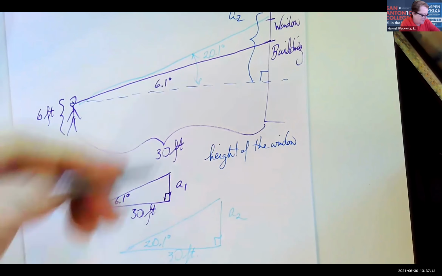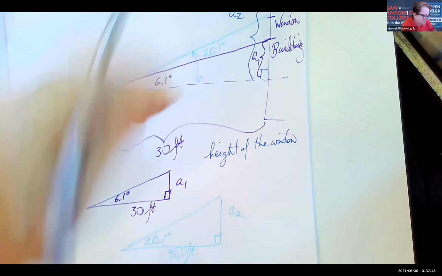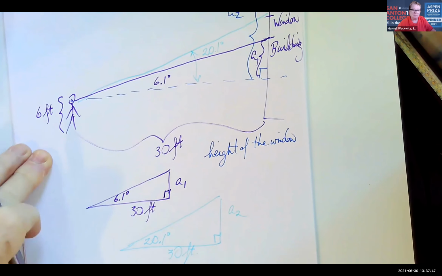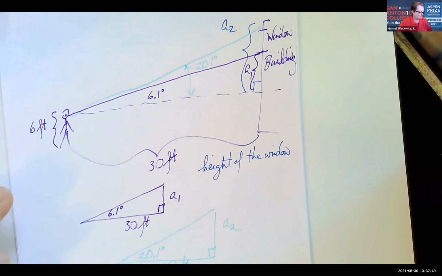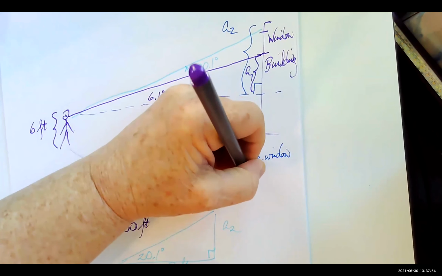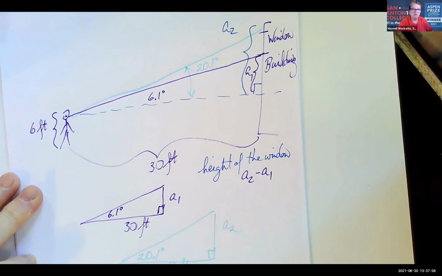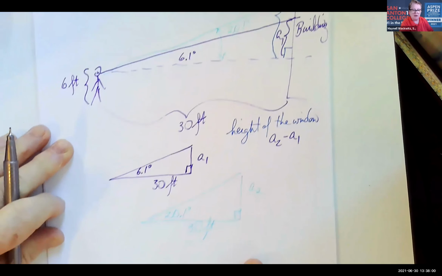And A1 doesn't include the window at all. So how can we find the height of the window? A2 minus A1. Good. So all we have to do is find A2 and A1, and we know how to do that.